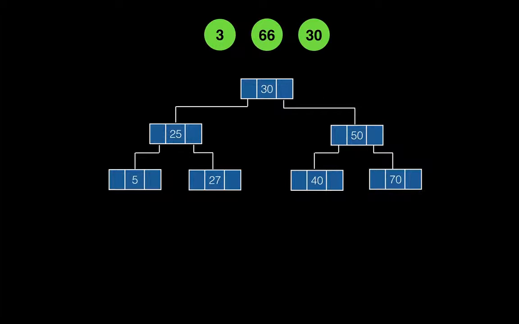We need to find the smallest element of the right subtree of 30, not from its left side. Suppose the smallest element of the right subtree of 30 is 40. Understand clearly, the smallest element in the right subtree of 30 is 40.